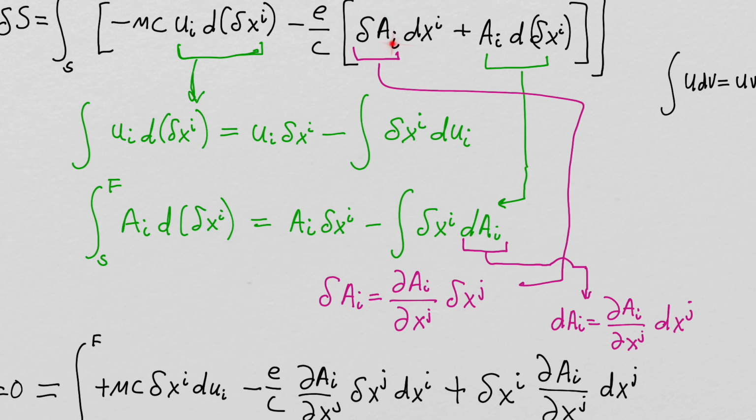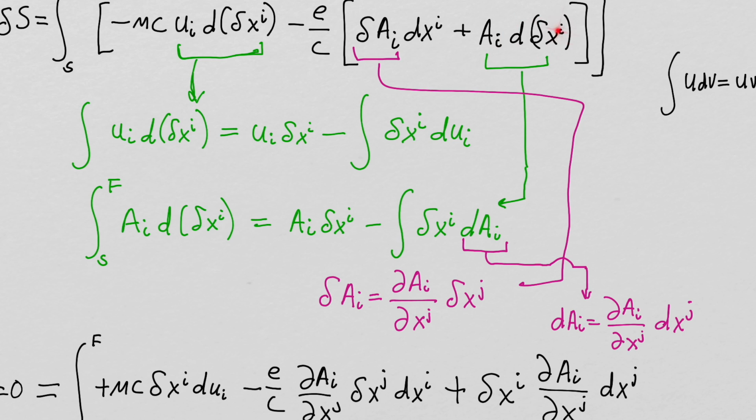So everywhere I see variation of the field, I can replace it by this partial derivative summed into the variation of the path components. These are the variation of the field components, by the way. So this partial derivative, this sum is over j, and you're left with one index i. So that's an easy substitution to make.